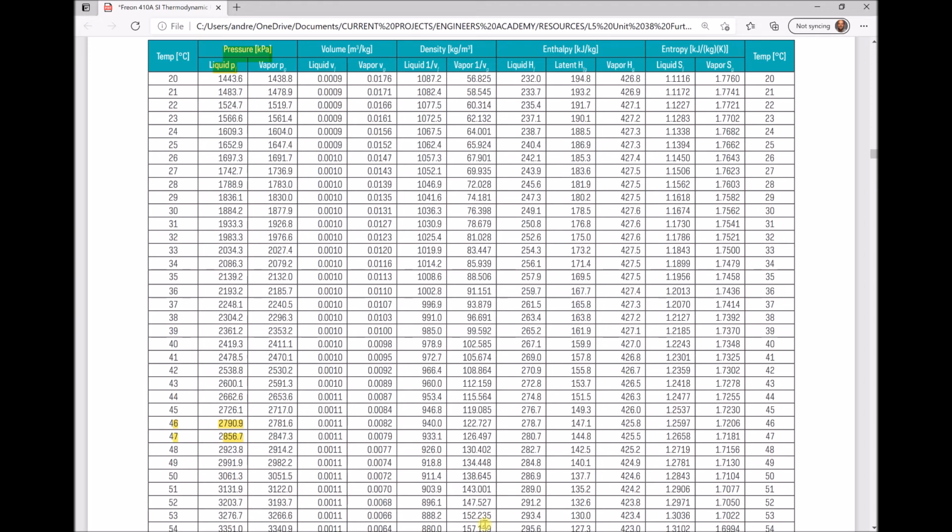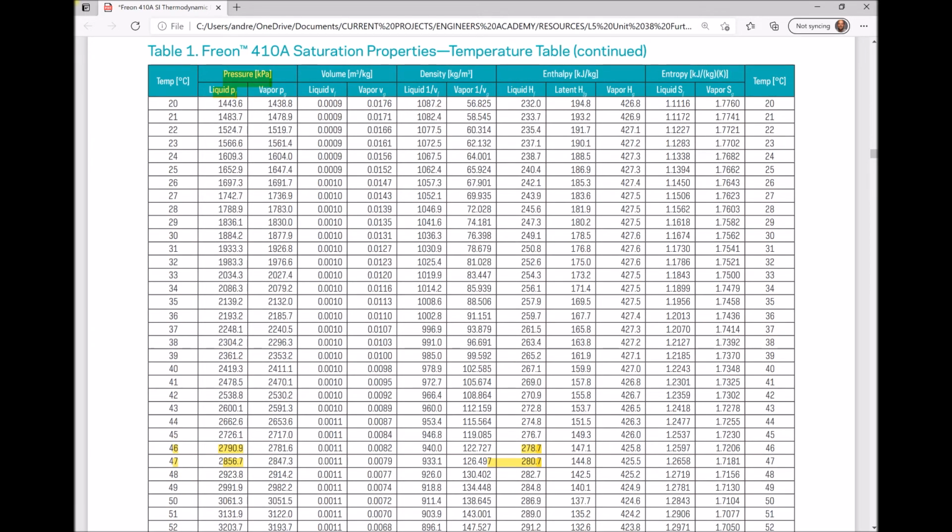And whilst we're extracting that information, we can also get our enthalpy information. So at 47 degrees C, the wet saturated vapour has an enthalpy of 280.7. And at 46 degrees C, the wet saturated vapour has an enthalpy of 278.7. We know that those are the enthalpies for the wet saturated vapour because at the top we've got the enthalpy columns, and we're looking at the enthalpy H subscript F. So I'm going to take that information across.